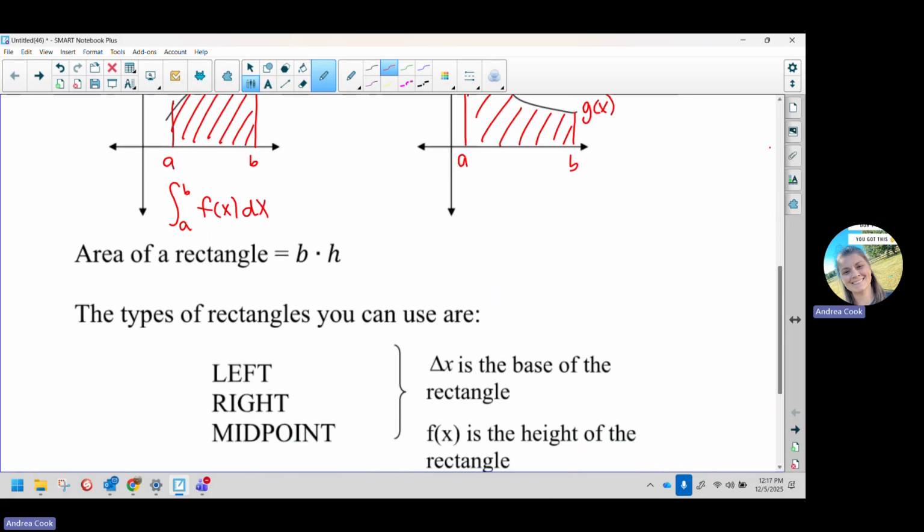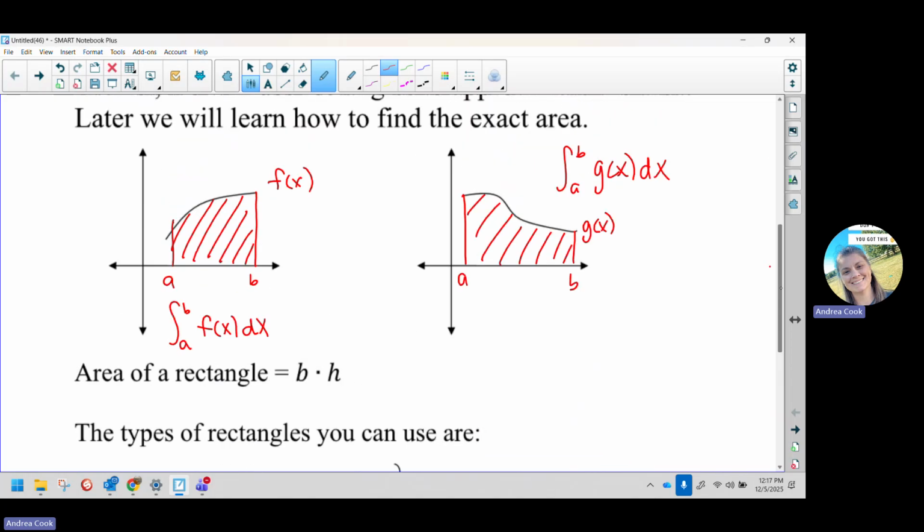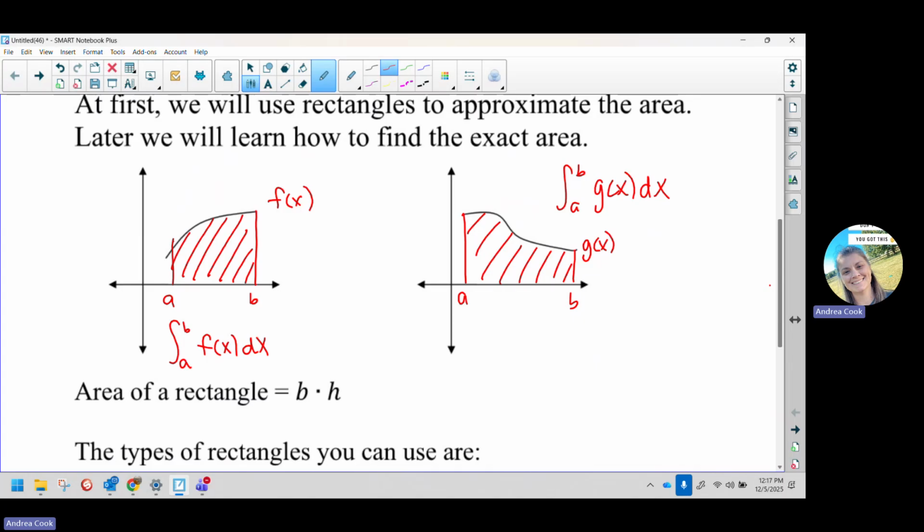So remember, the area of a rectangle is base times height, right? So what we're going to be doing is we're going to fill this region with just rectangles. We're going to find the area of each rectangle and then add them together. So when I look at this rectangle, let me draw one over here.